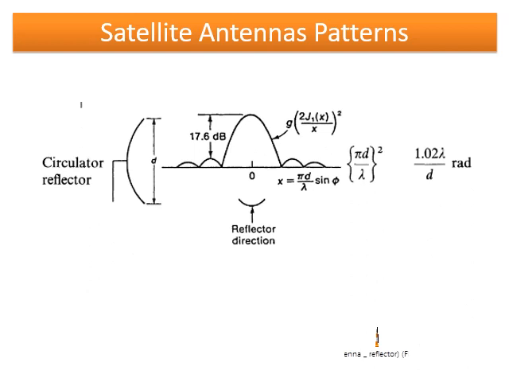Further, circular reflector, again how we are feeding that reflector will decide the gain. So here we will get the gain as 17.6 dB, which is again distributed equally from the mean position, that is 0.